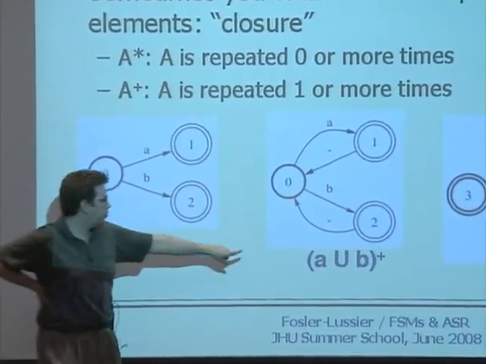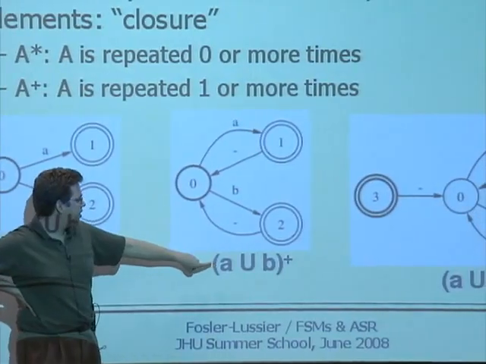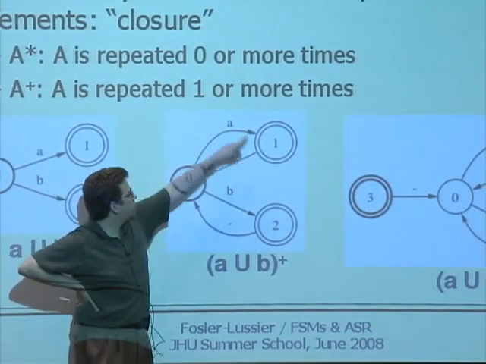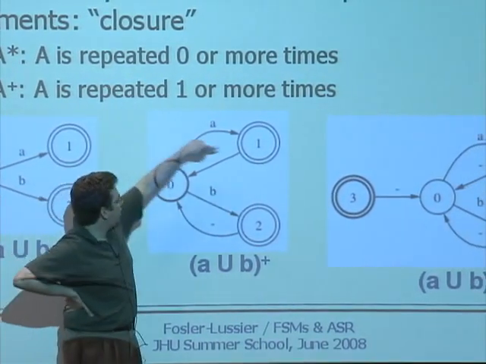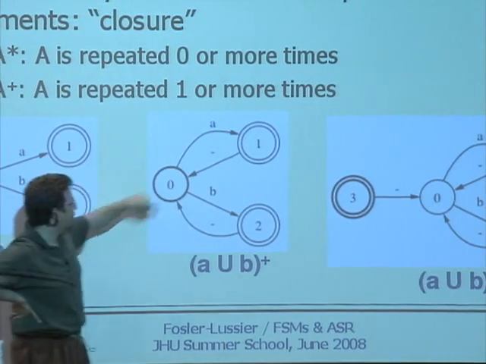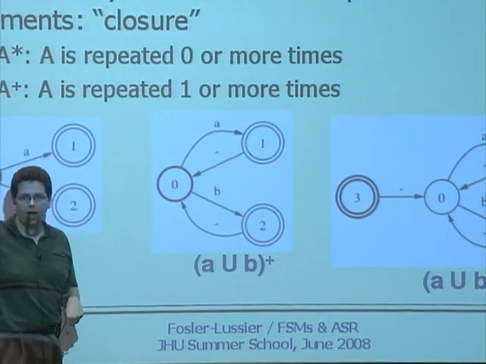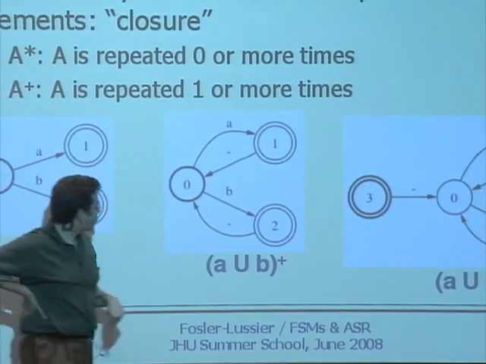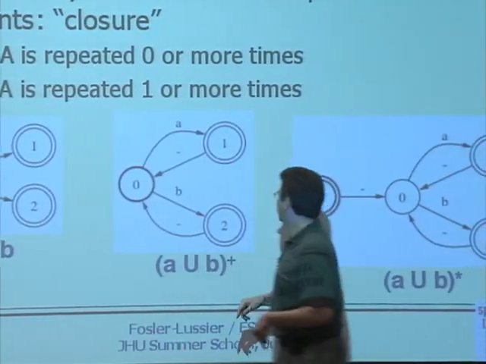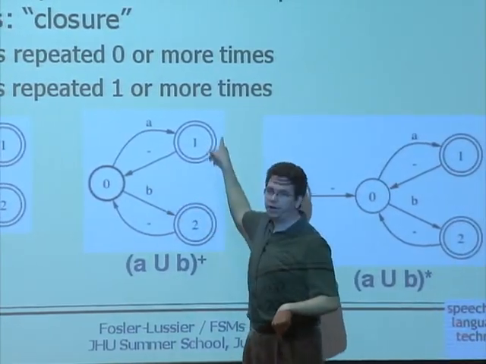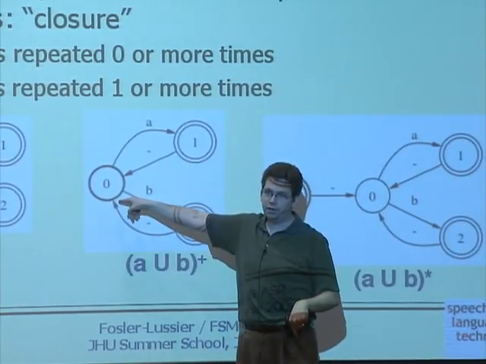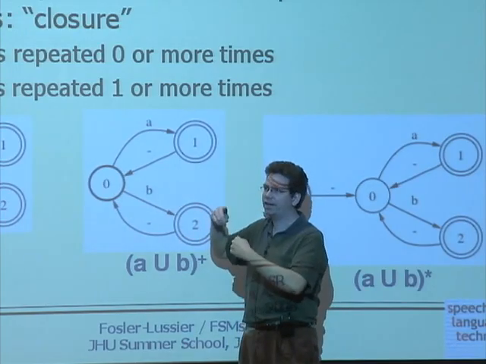So A or B plus basically goes A back to 0, B back to 0. So you just have an arc from every final state back to its own initial state, right? So it's like concatenating it to itself.